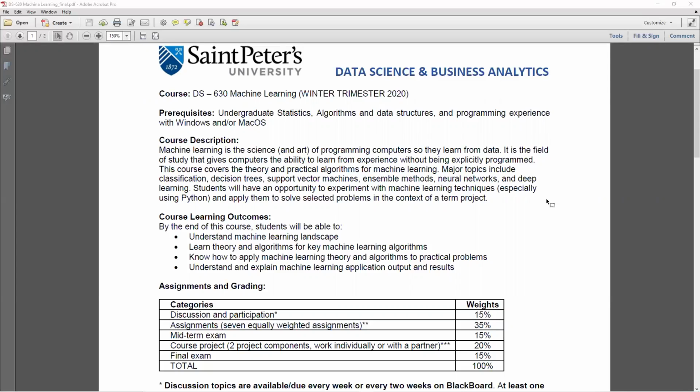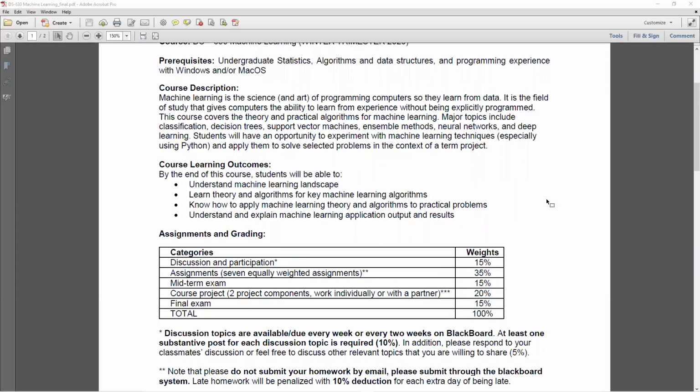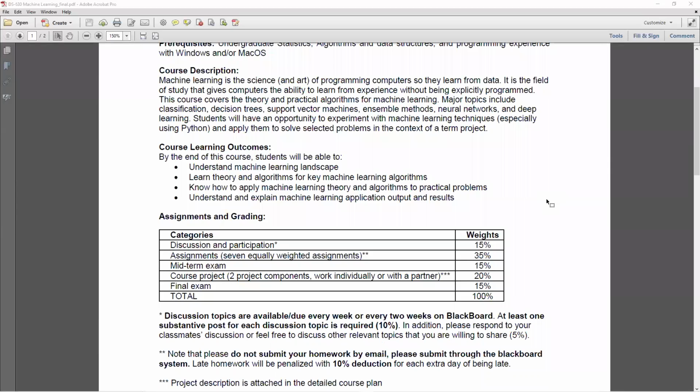In terms of the course description, machine learning is a science, or oftentimes people call it an art, of programming computers so that they can learn from data. It is a field of study that gives computers the ability to learn from experience without being explicitly programmed.